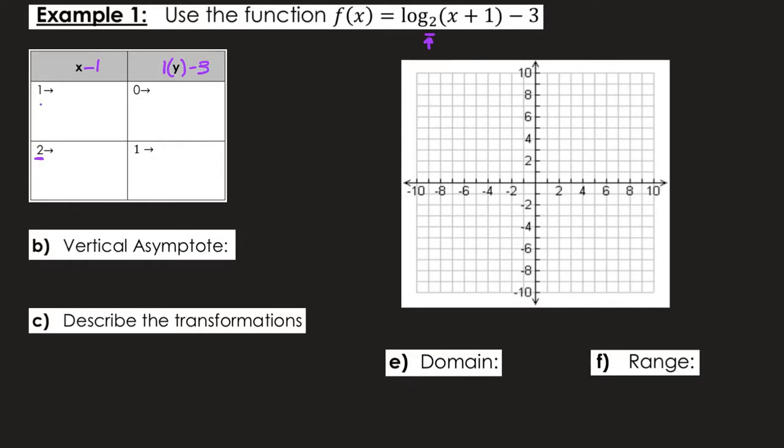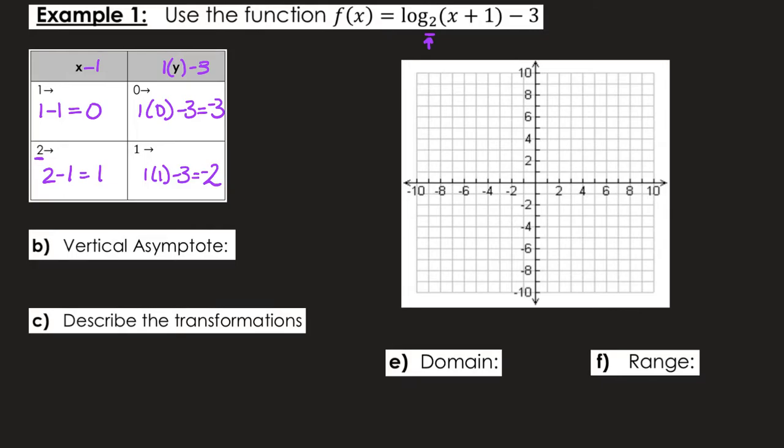We have 1 minus 1 equals 0. You have 1 times 0 minus 3 equals -3. Then you have 2 minus 1 equals 1. And then you have 1 times 1 minus 3 equals -2.